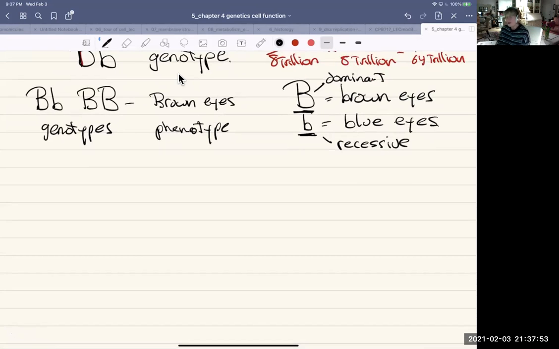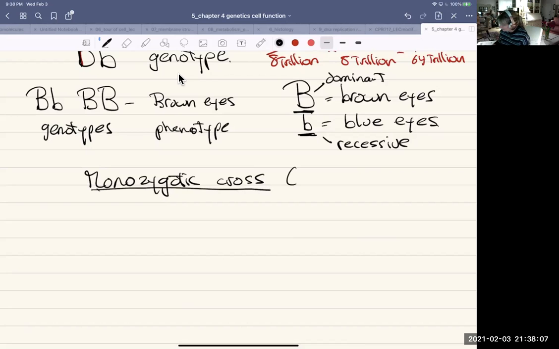So now we're going to do a cross, a monozygotic cross, to see what we'll get in our offspring: one gene, one trait.